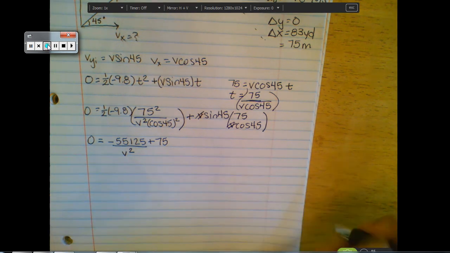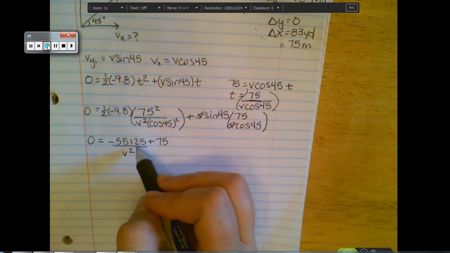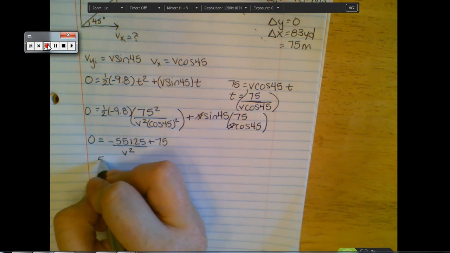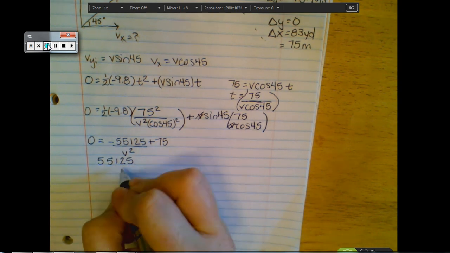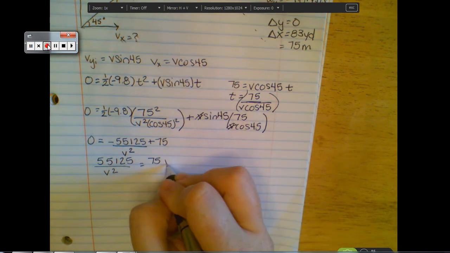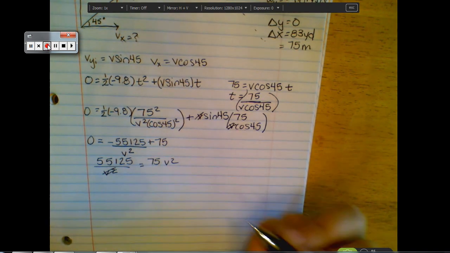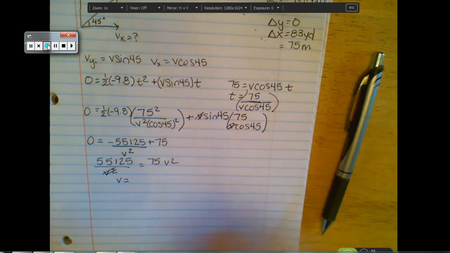So now we're just going to take this to the other side, so we get 55,125 over V squared equals 75. Multiply both sides by V squared, and then of course divide by 75. You should get V equals something.